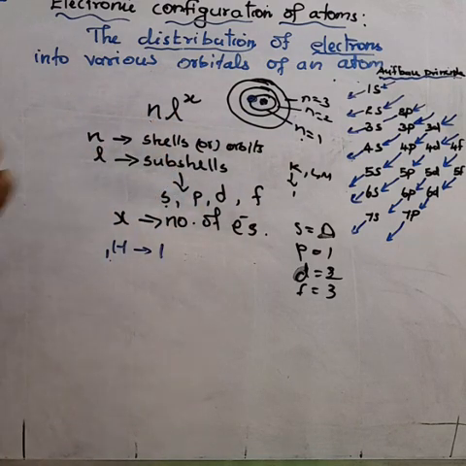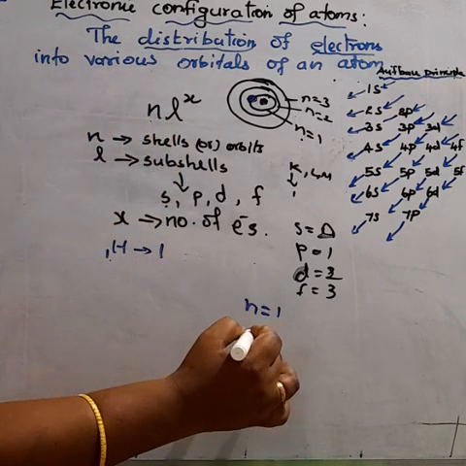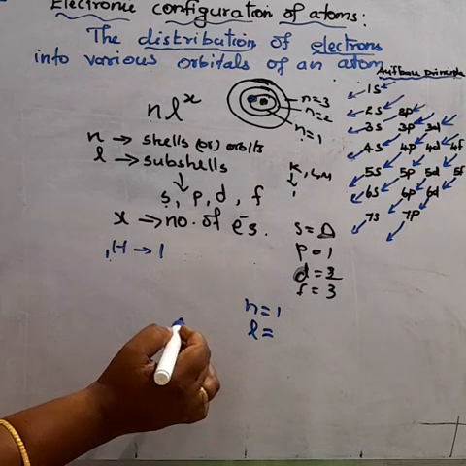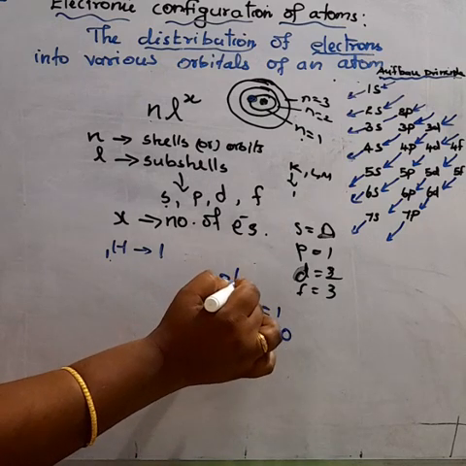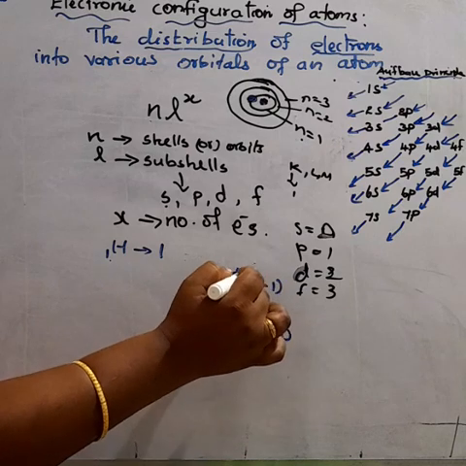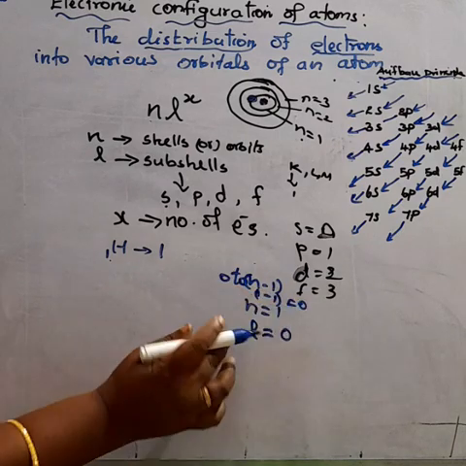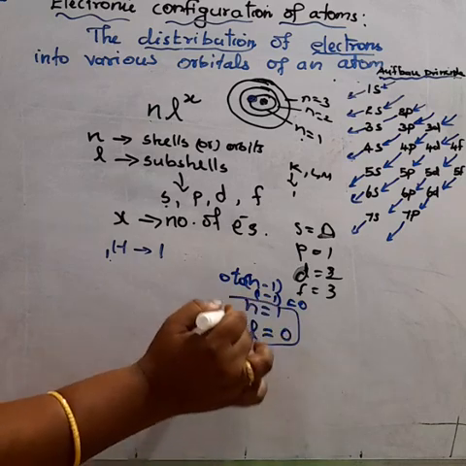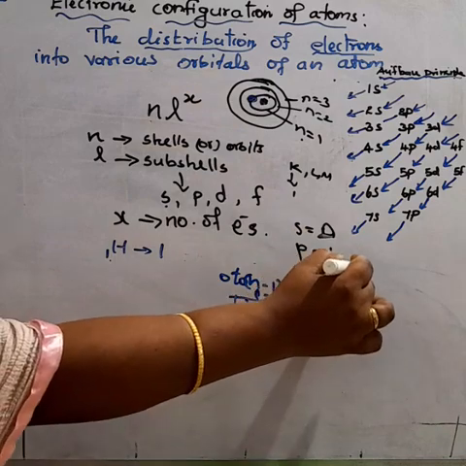And what is the l value here? When n is equal to 1, the l value is from 0 to n minus 1. So n equal to 1 gives 1 minus 1, which is 0. The K shell, the first shell, has only one subshell, that is the s subshell.